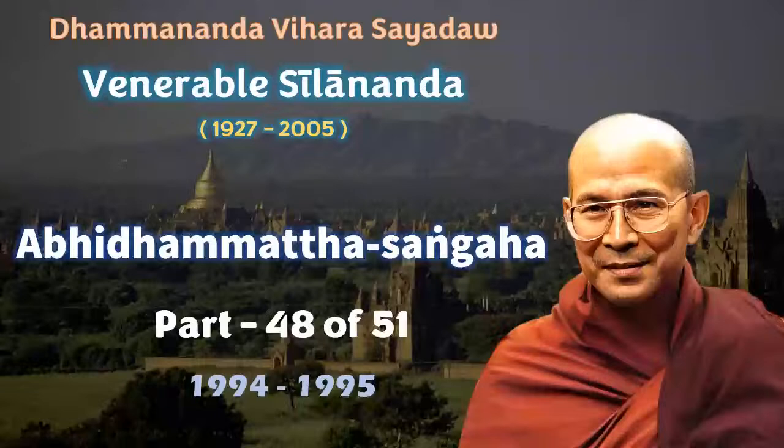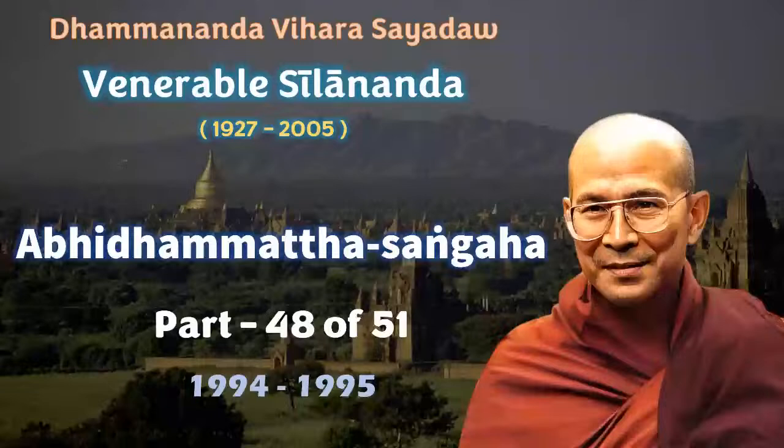In Pali, itthi sadda. Now, a woman is non-existent, just 5 aggregates. But voice is real because voice is sound, right? Sound is among the 28 material properties. So, when we say a woman's voice, then it is the concept of real by way of unreal.